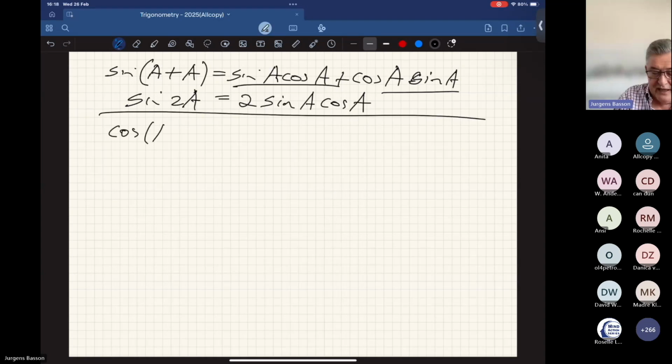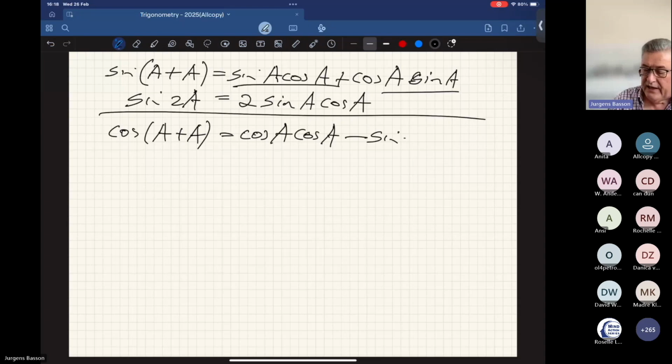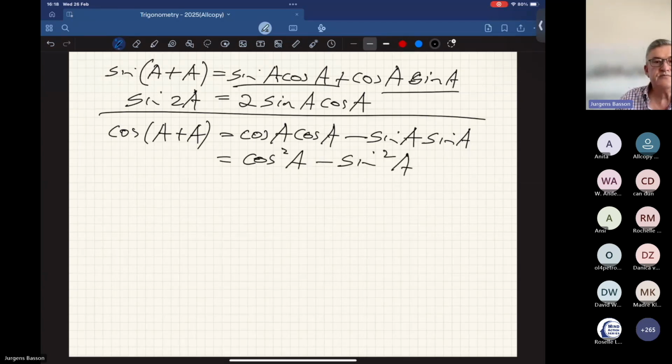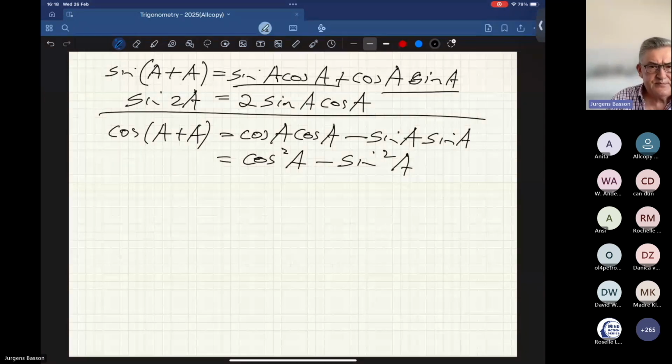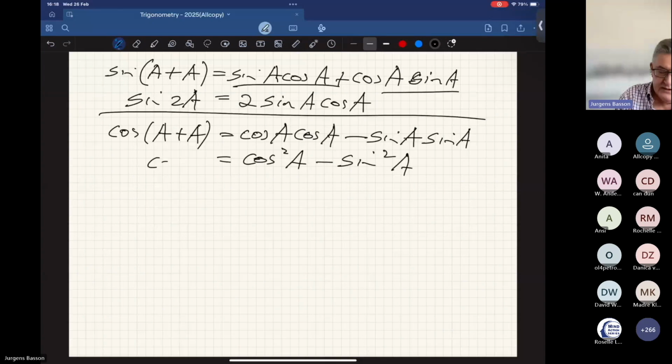The cos of A plus A, if I can quickly go there, is cos cos, minus because there's a plus, sine sine, and that gives you cos squared A minus sine squared A. And you agree it almost looks like the square identity, and that is the cos of 2A, cos squared minus sine squared.